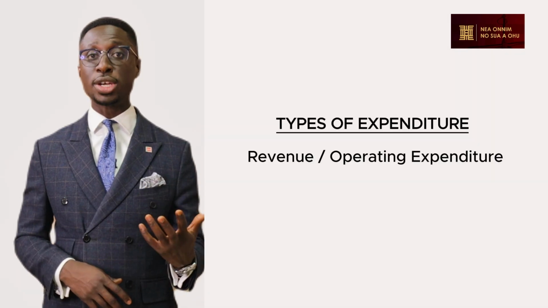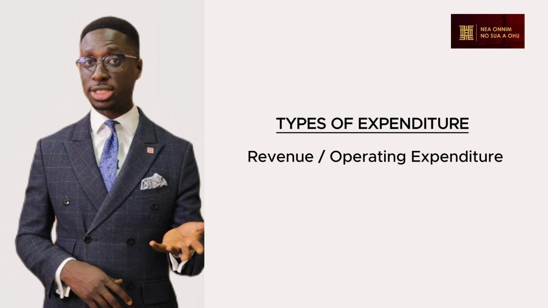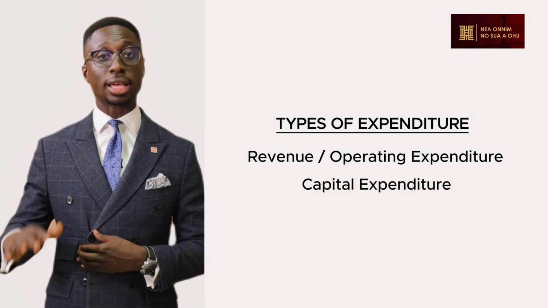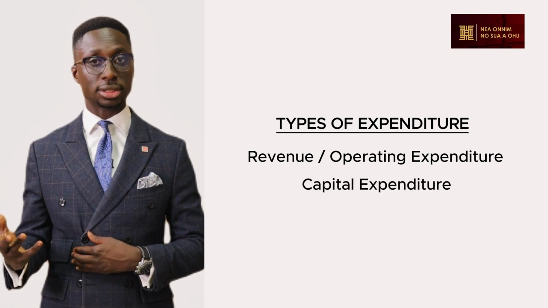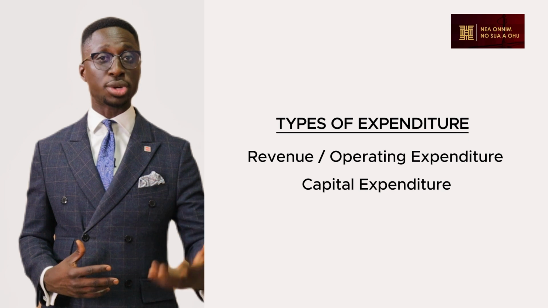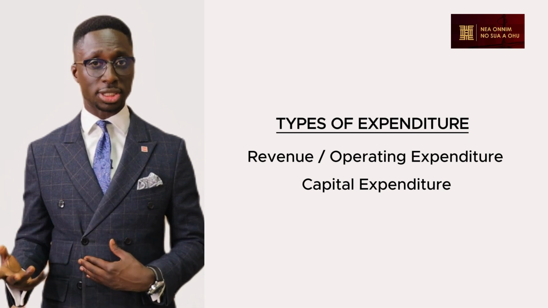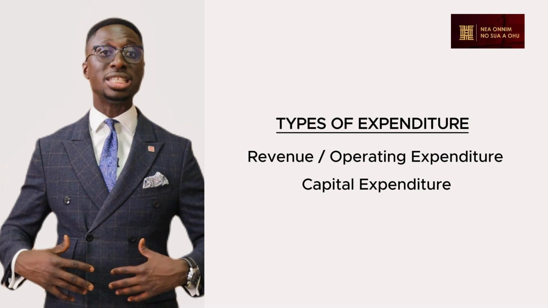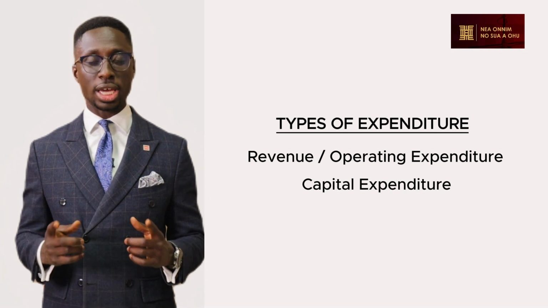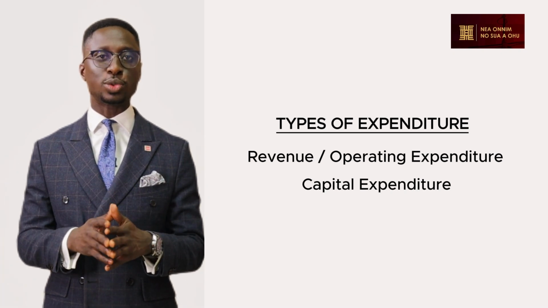Now that takes me to differentiating between the types of expenditure. There are two main types of expenditure: the revenue or operating expenditure and the capital expenditure. How do we differentiate these two? We are going to be differentiating these two on 7 bases of differentiation.